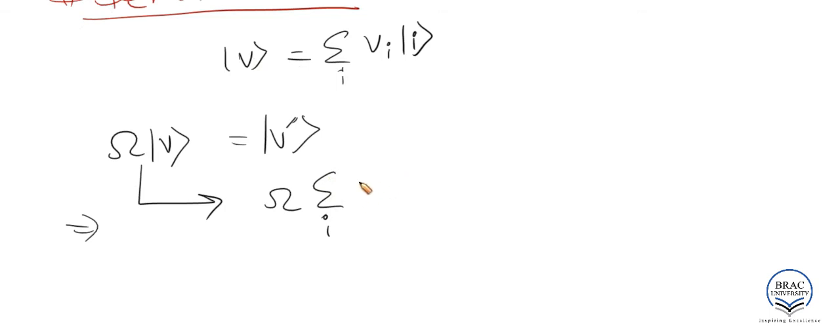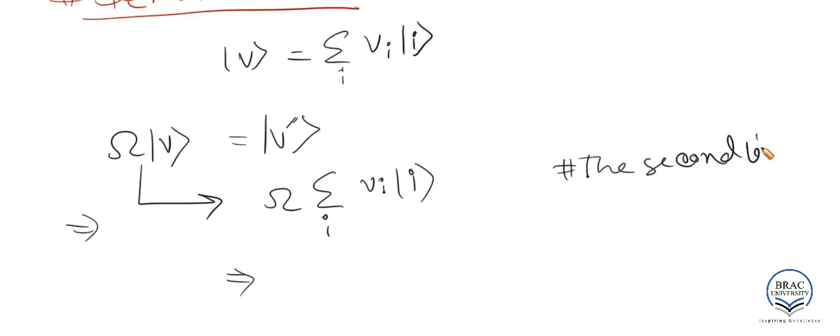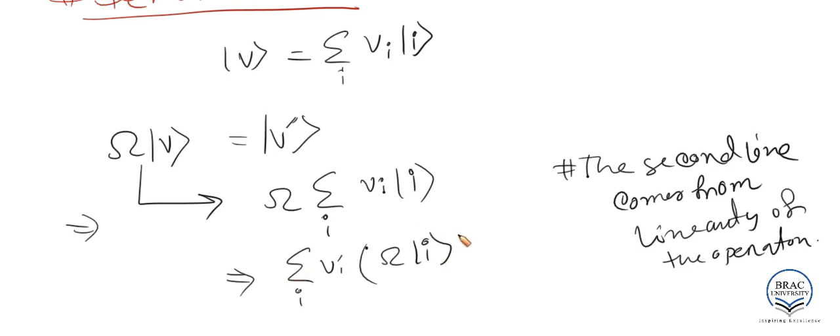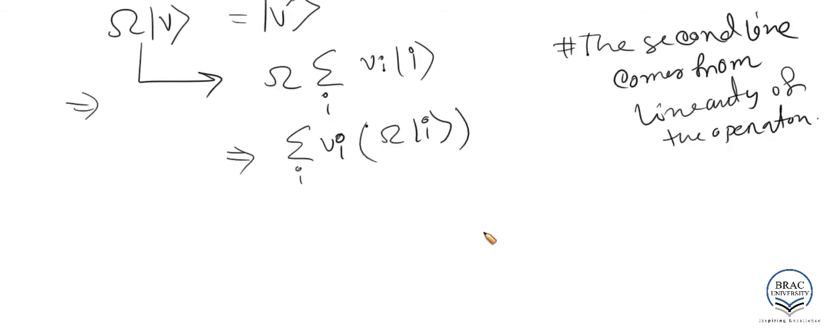So this will be v_i e_i, but this is a linear operator, right? So let me just write it down. The second line comes from linearity of the operator. Now you write v_i and you write this whole thing together, omega e_i, right?